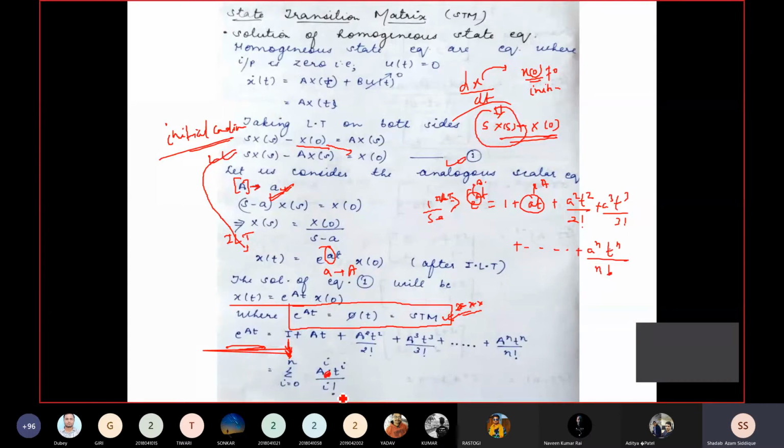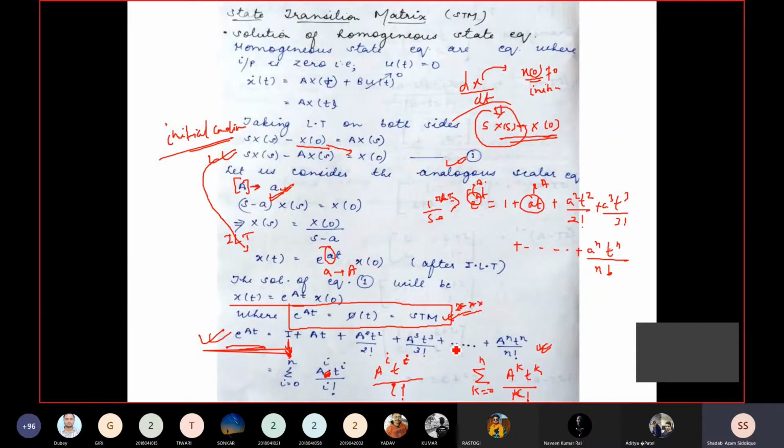You can also use k, with k equal to 0 to n, of A to the power k t to the power k divided by k factorial. You can write any form. This is your exponential term e to the power At, and whenever we need e to the power At, we will represent it in this form. Then we'll go into the questions and check how we can find the state transition matrix.